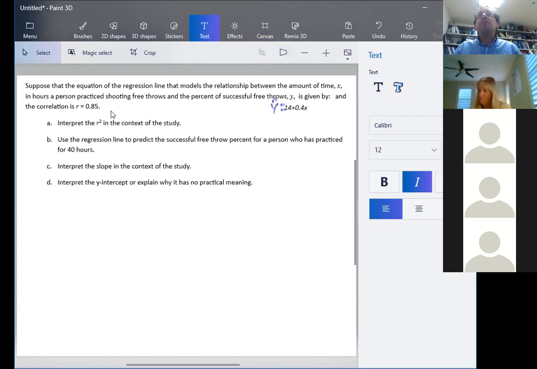So part A is interpret r squared in the context of the study. Here's one of the easiest things I'll ever say in this class. If I give you r is 0.85, how do you think you find r squared? Yeah, you square it.